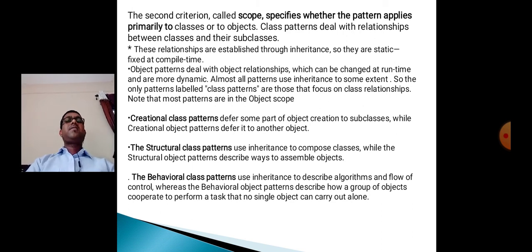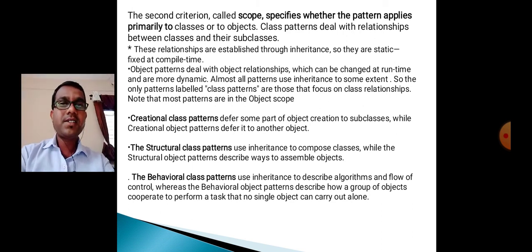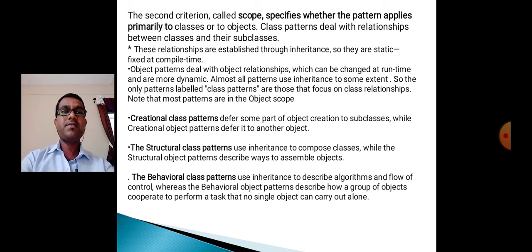Object patterns deal with object relationships, which can be changed at runtime and are more dynamic. Almost all patterns use inheritance to some extent, so the only patterns labeled class patterns are those that focus on class relationships. Note that most patterns are in the object scope.